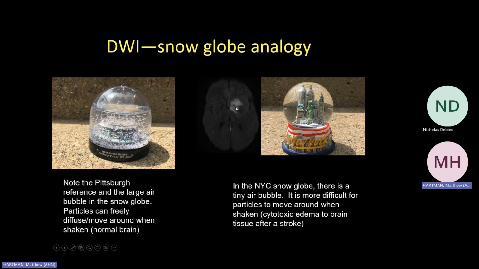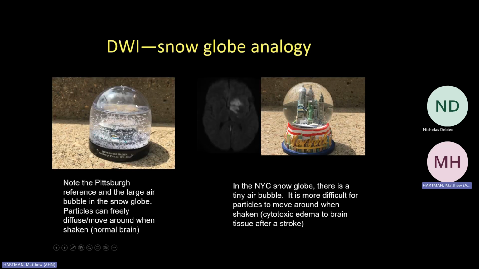So that's what's happening when you have a stroke. Acutely, you lose the oxygen, you lose the glucose, the sodium-potassium pumps get knocked out. There's no more diffusion of the solutes, the sodium, potassium starts swelling up, not diffusing, lights up. That's the down and dirty for diffusion weighted imaging.